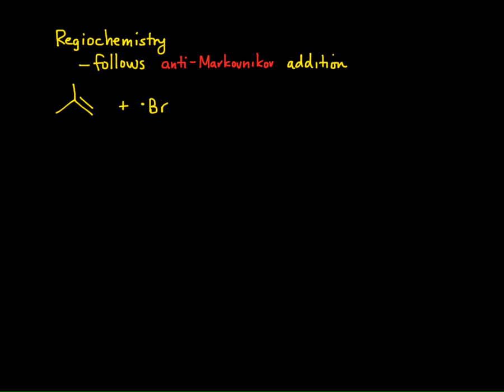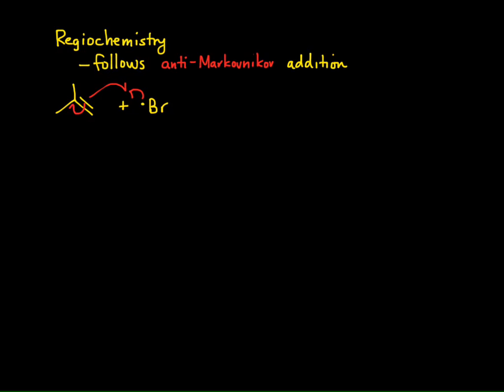So we know that upon formation of the bromine radical, it's going to react with the alkene. So one electron from the pi bond goes to the bromine, and the other electron we can think of as having a choice of going to the carbon on the left or the carbon on the right, right? So I'm going to show both scenarios and see what happens as a result of that.